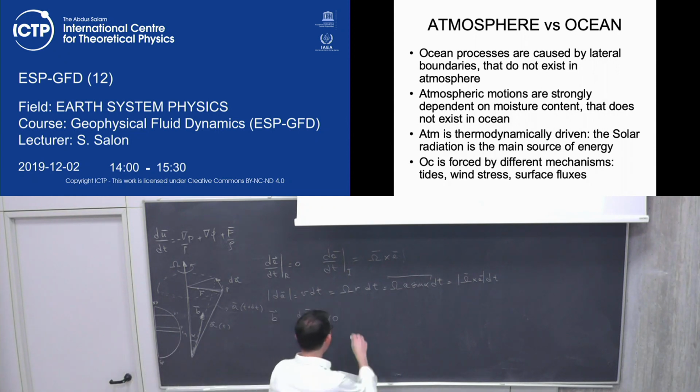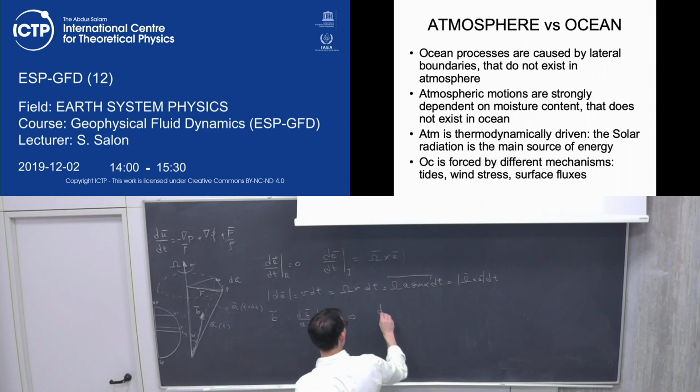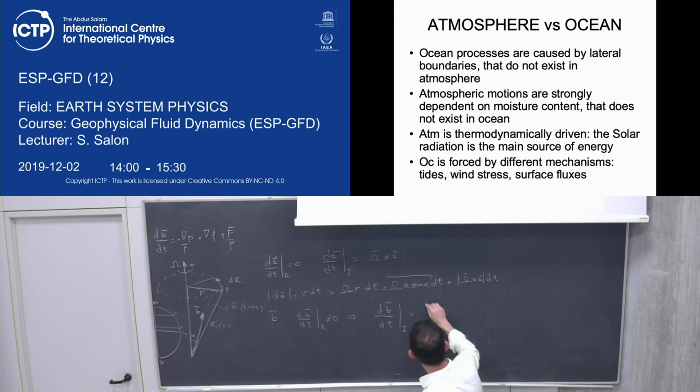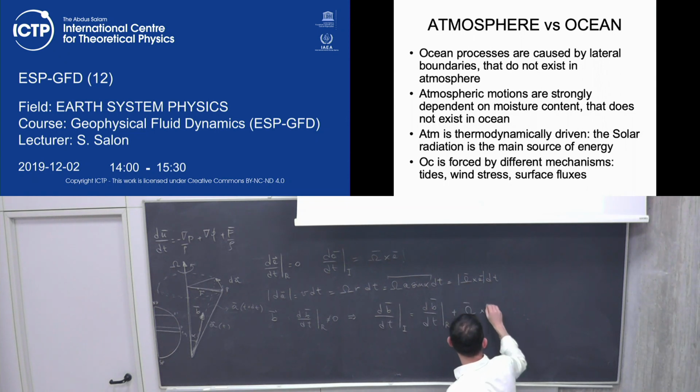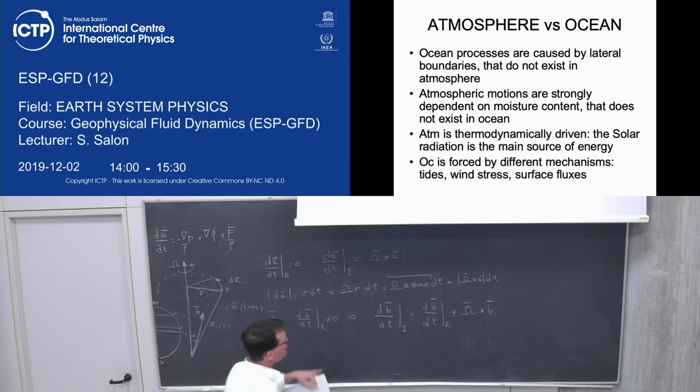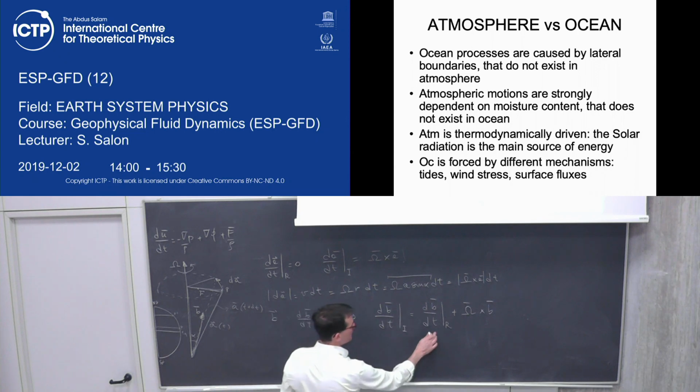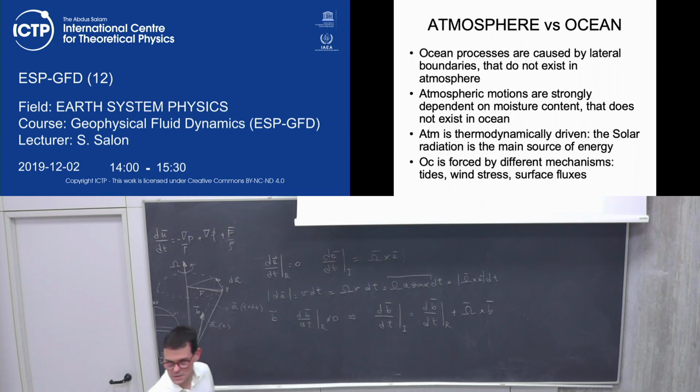So this means that if I want to represent again from the inertial frame of reference, the only difference between the previous definition is that we now have a velocity in the rotation system.